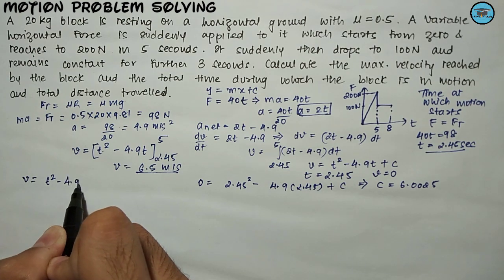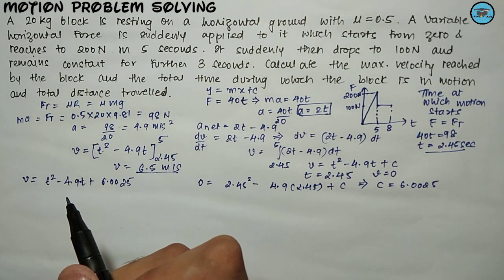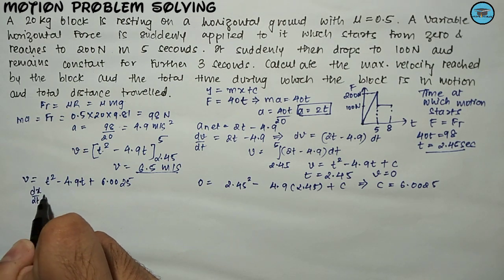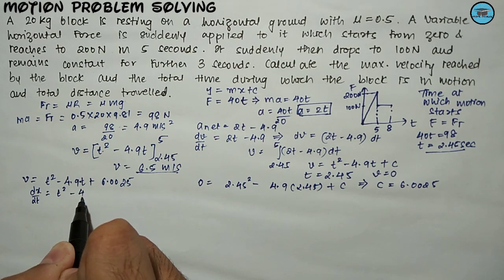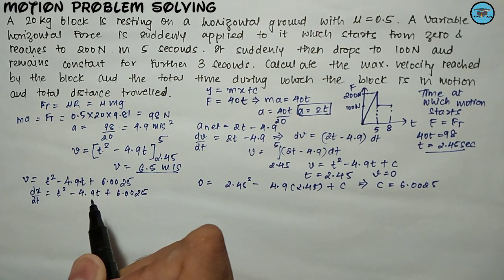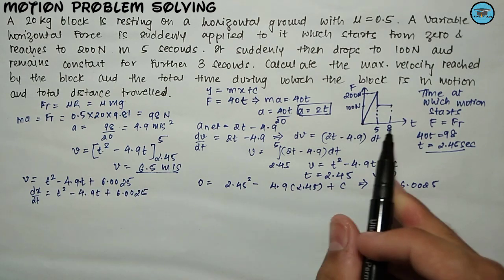Now again, v can be written as dx divided by dt, that is equal to t square minus 4.90 plus 6.0025. So we need to determine the distance traveled during the first 5 seconds.